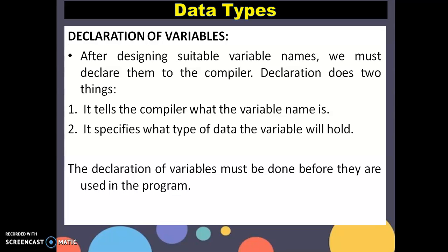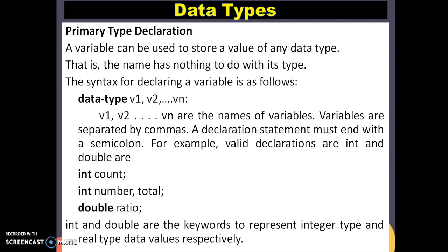So before using the variable, we have to declare it in the program. Primary type declaration. A variable can be used to store a value of any data type. That is, the name has nothing to do with its type.